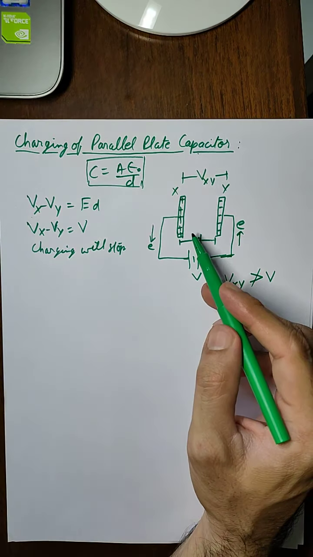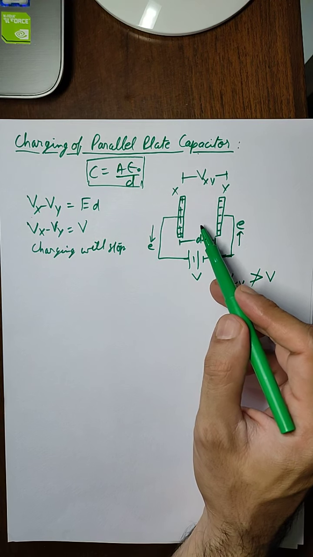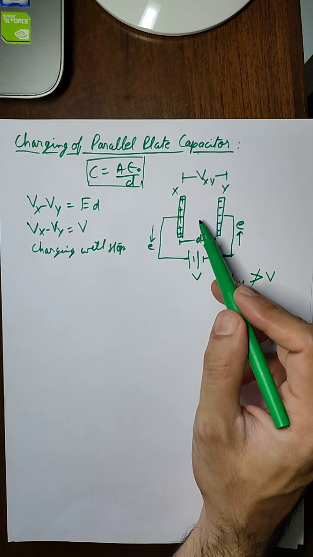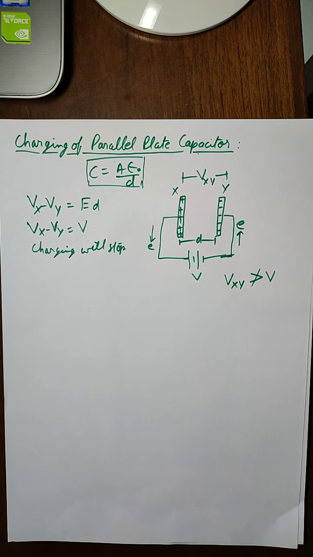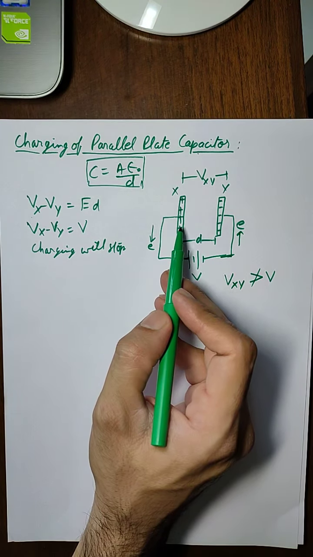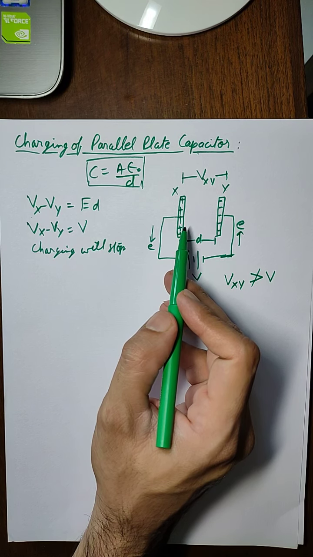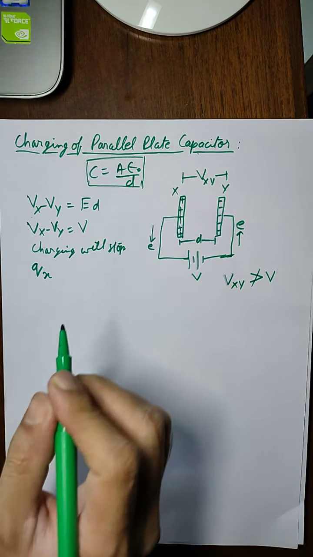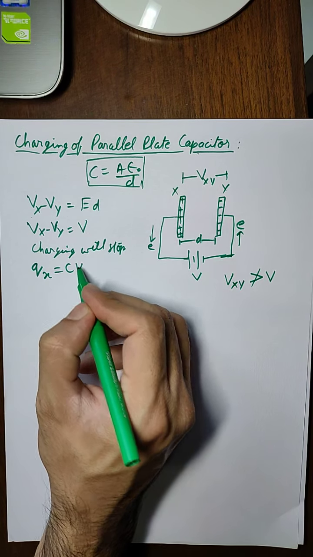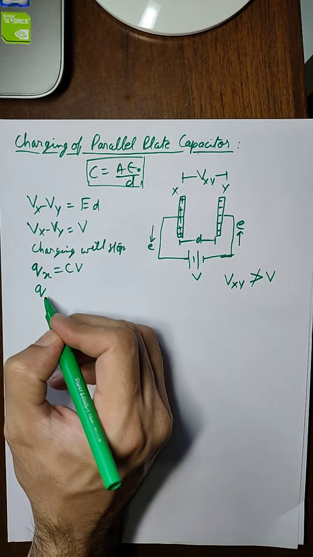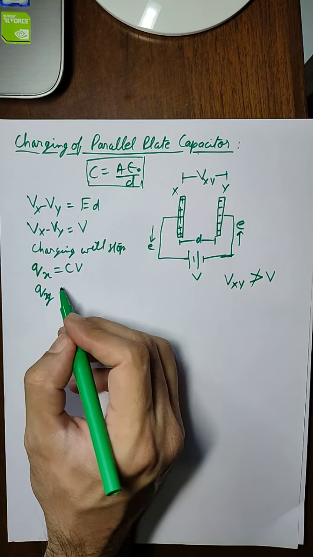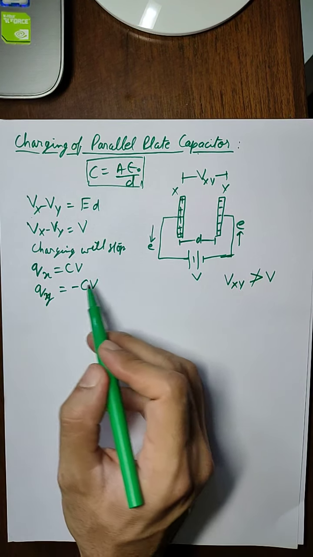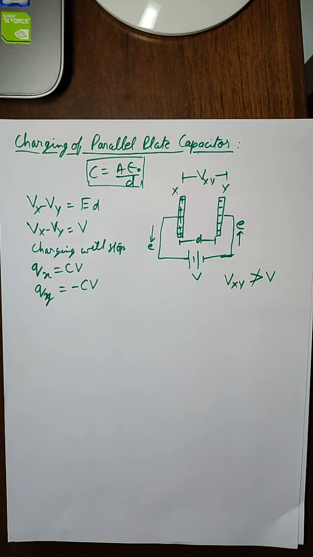Now the battery cannot supply any more charge to these plates because both are at the same potential. So when the capacitor is completely charged, the charge on plate X, say Qx, will be equal to CV, and similarly the charge on plate Y, Qy, will be equal to minus CV. Because of the negative charge, we have a minus sign here.